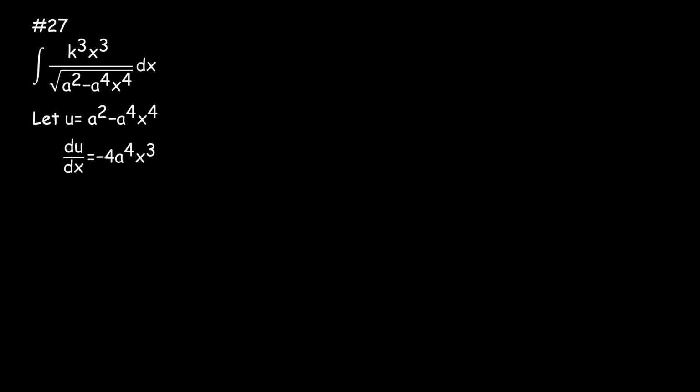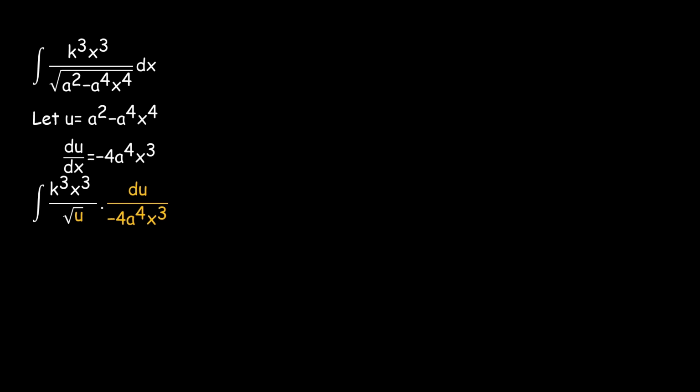Now we are going to replace each of these values into our original equation. And then we have the integral of k cubed x cubed over square root of u, and du over negative 4a to the power 4 x cubed.